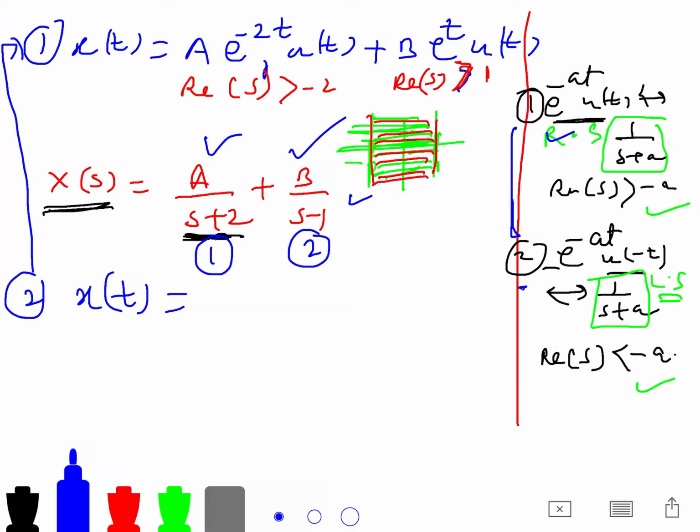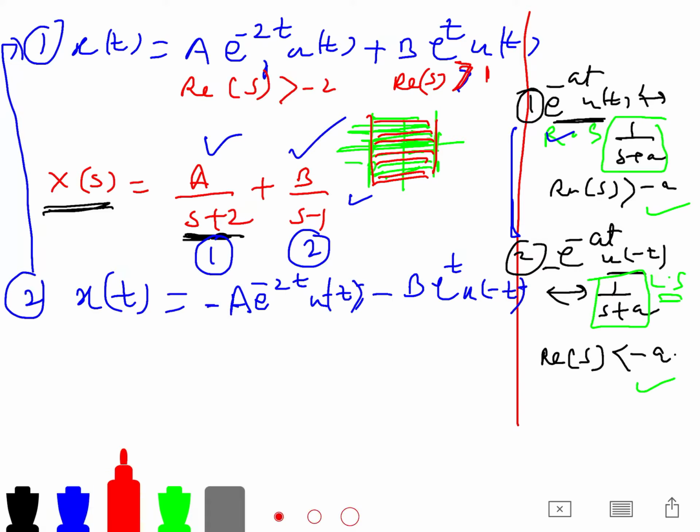For that, the Laplace transform will be minus A e to the power minus 2t u of minus t, right, plus minus B, sorry, not plus, it will be minus B e to the power t u of minus t, right.